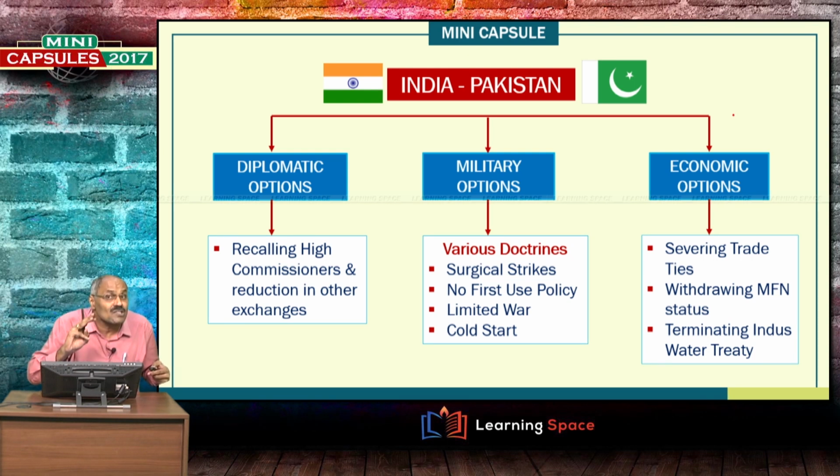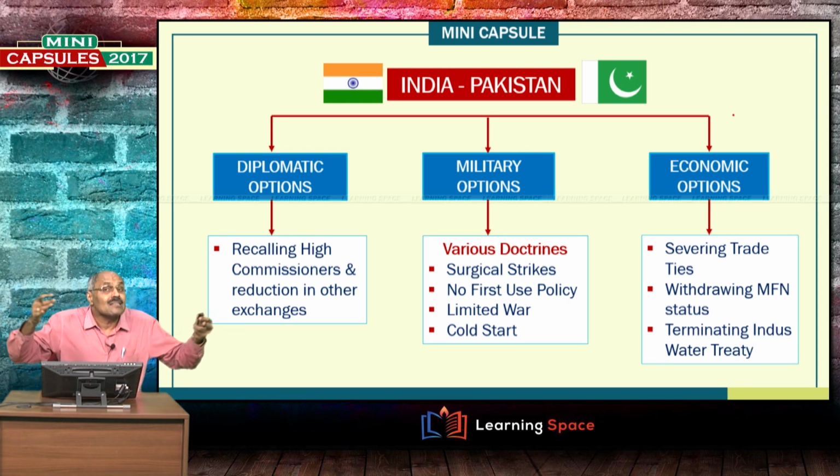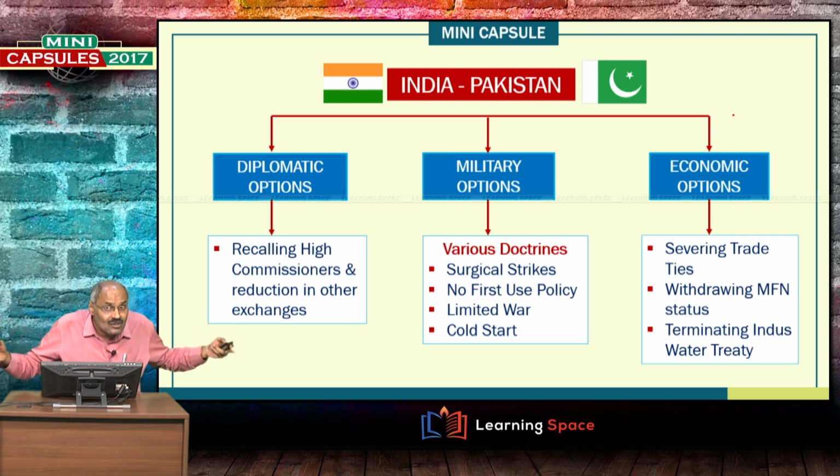There are normally three options when you look at relations between two countries. One is diplomatic options. Normally, under diplomatic options, various types of cultural exchanges will be stopped, and high commissioners or ambassadors recalled. So, this is the diplomatic option.